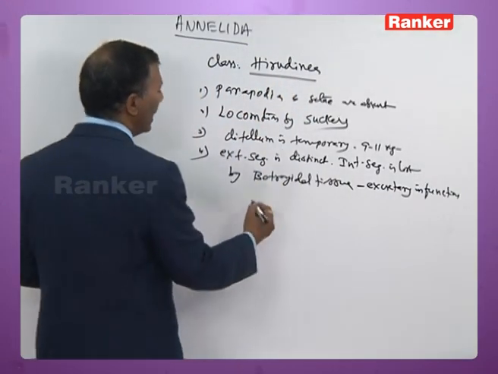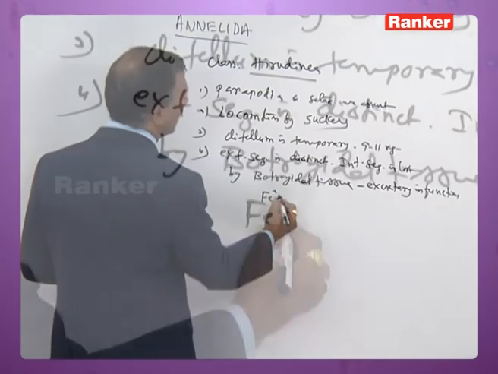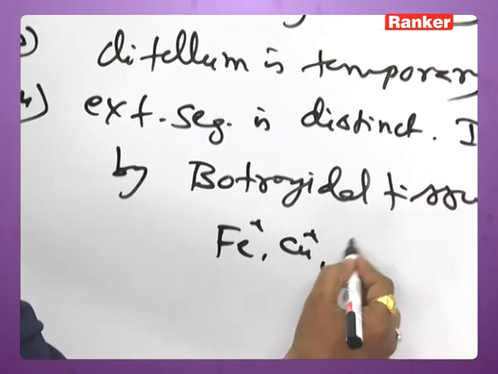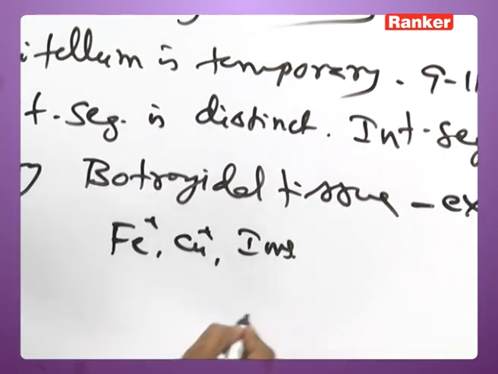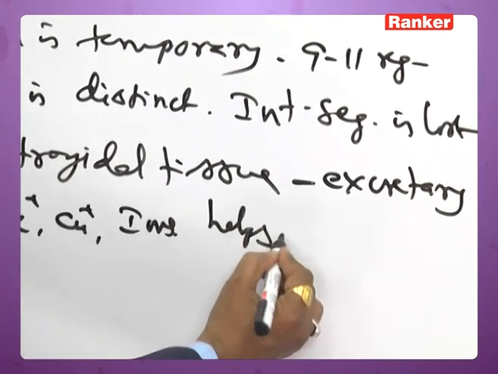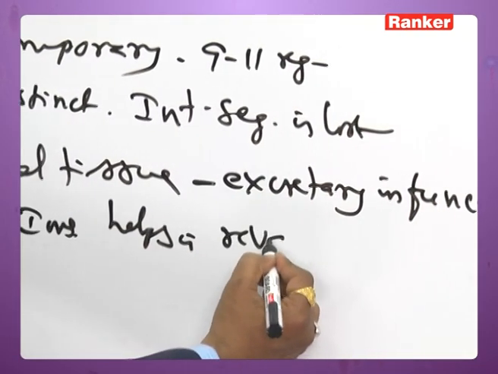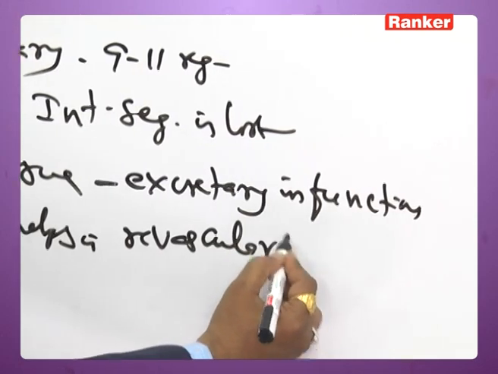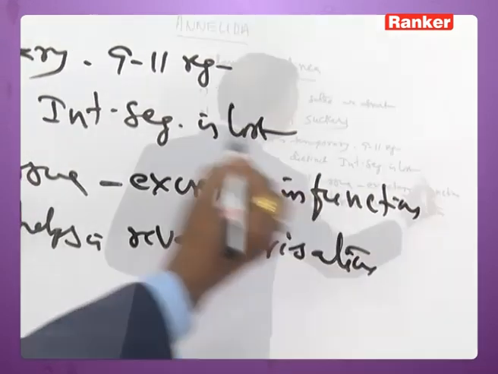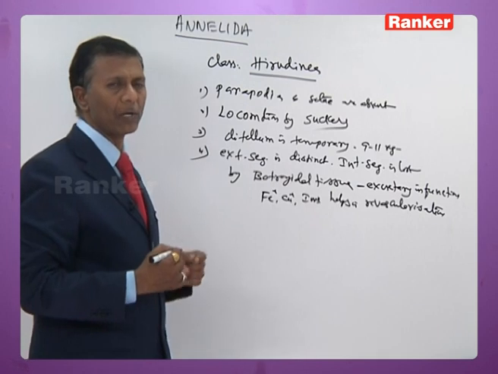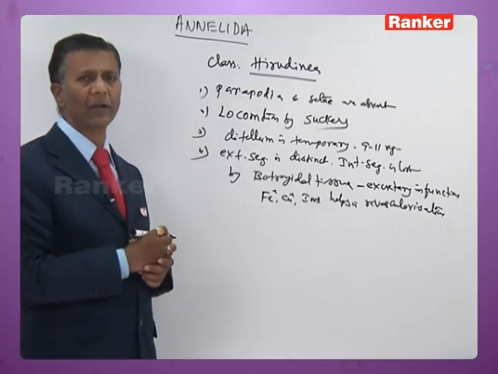Apart from that, it also stores iron, copper, ions, and also helps in revascularization. So botryoidal tissue is basically excretory in function.